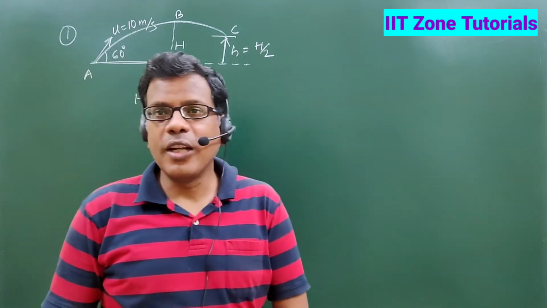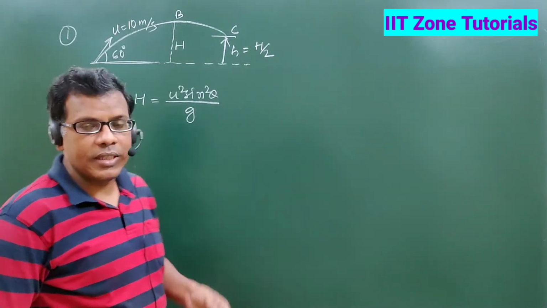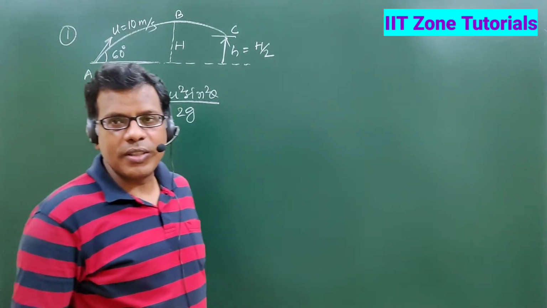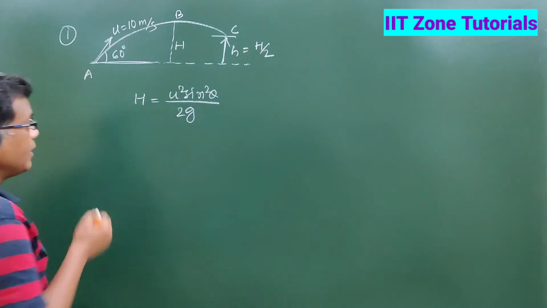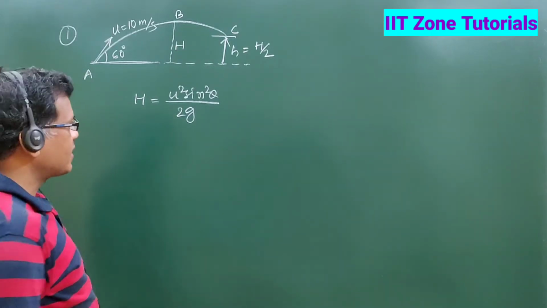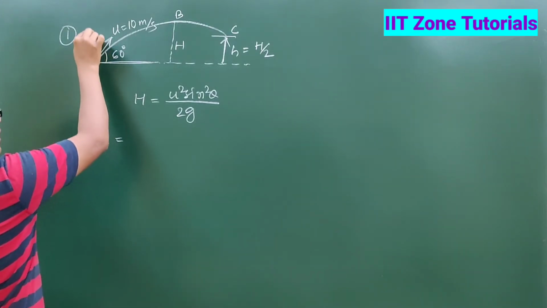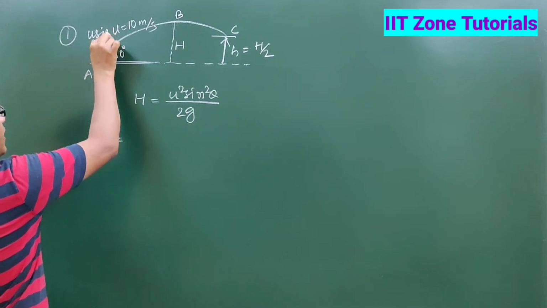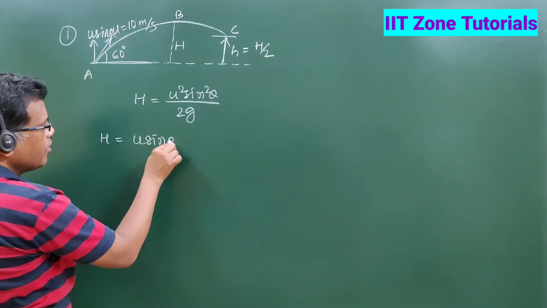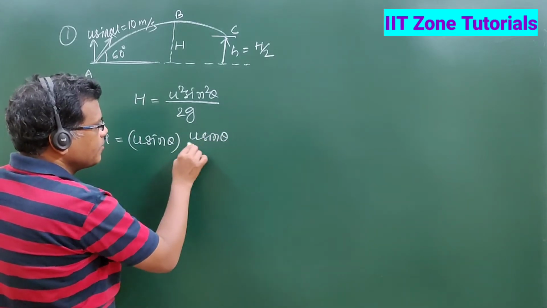As you know, the general formula for maximum height is u square sin square theta by 2g, right? Now you may ask how we get this maximum height. We get it using the initial vertical velocity u sin theta and half of the time of flight, that is u sin theta by g.